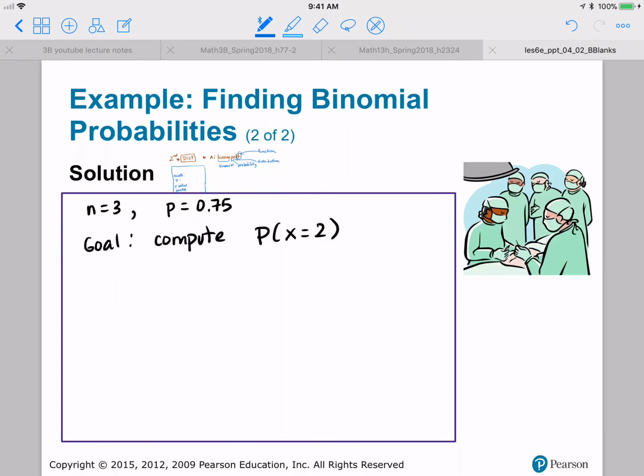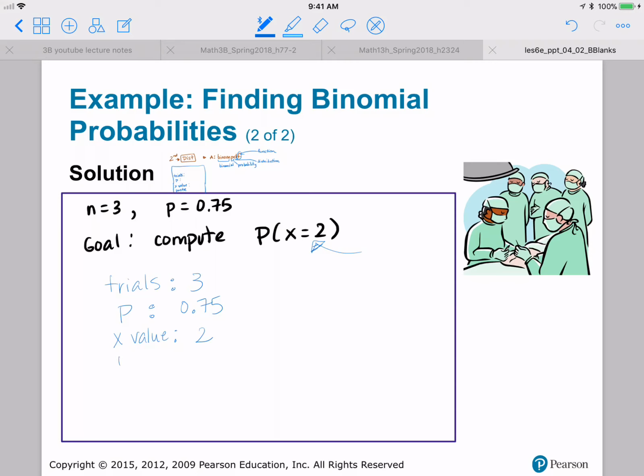We already know that for trials, n equals 3, so for trials you can put 3. For P, which stands for the probability of success, it's going to be 0.75. And for the X value, because we want the probability that X is equal to 2, you just plug in 2.